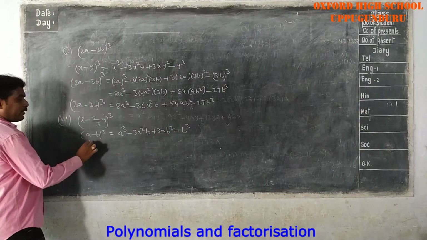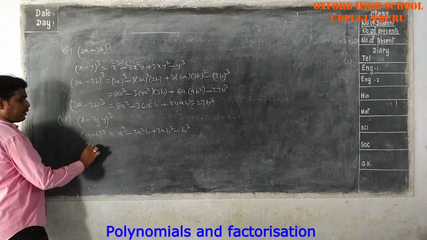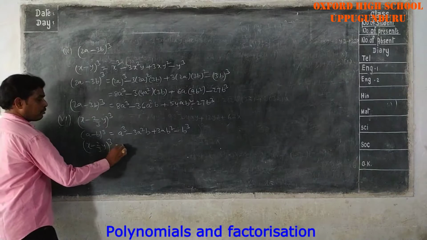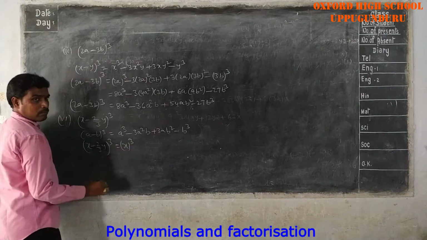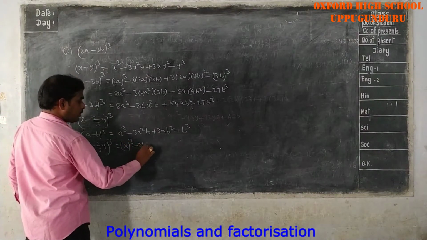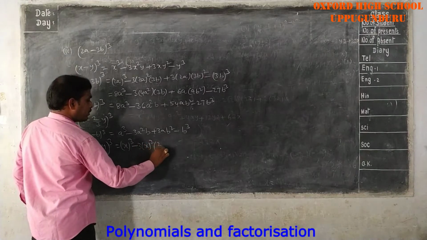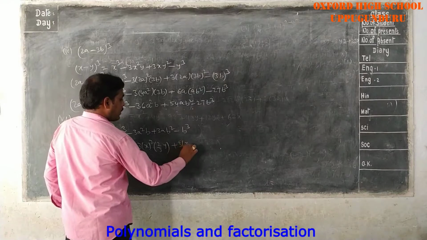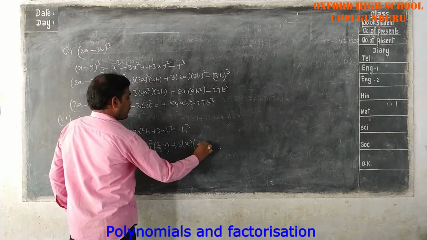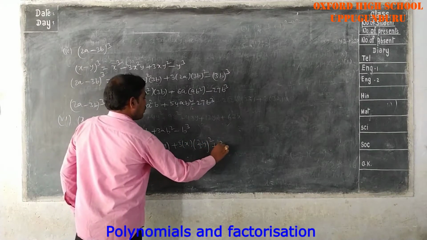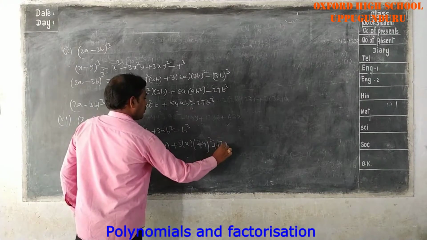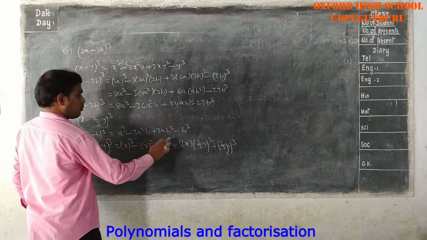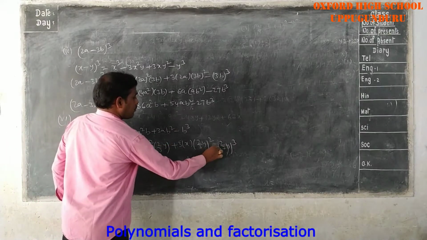So in place of a, x, in place of b, 2 by 3y. x minus 2 by 3y whole cube equals x cube minus 3 x whole square into 2 by 3 y, plus 3 of x into 2 by 3 y whole square, minus 2 by 3 y whole cube. So here a minus b whole cube means you will get minus b cube.